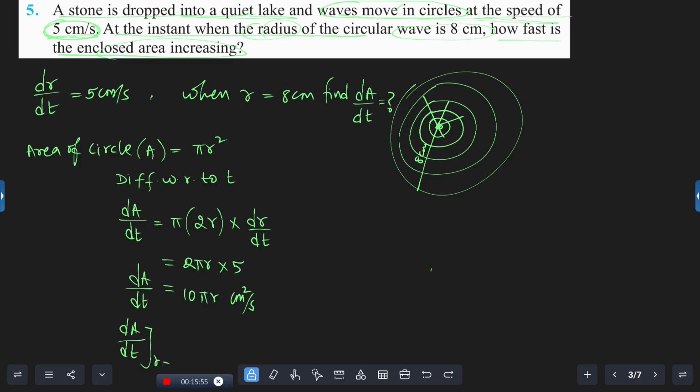So at r equal to 8 centimeter, 10 pi into r value 8, which is equal to 80 pi centimeter square per second. At the time of r equal to 8, the area is increasing at the rate of 80 pi centimeter square per second.